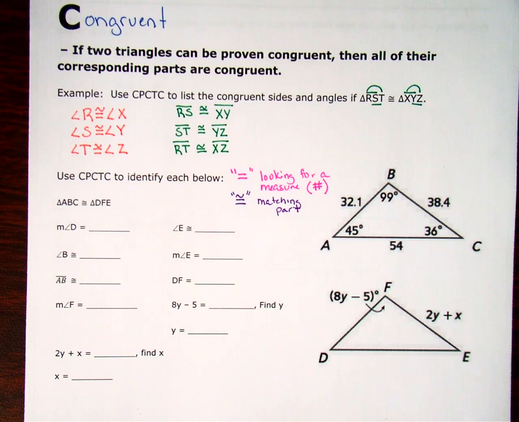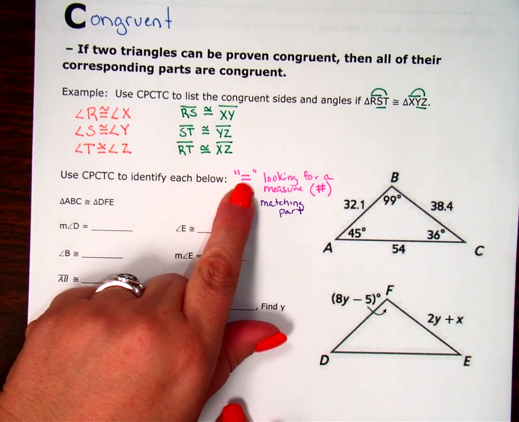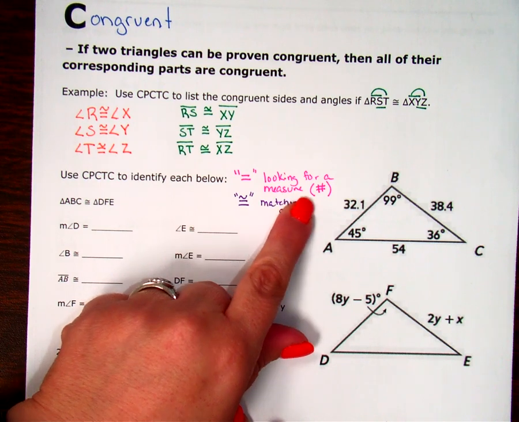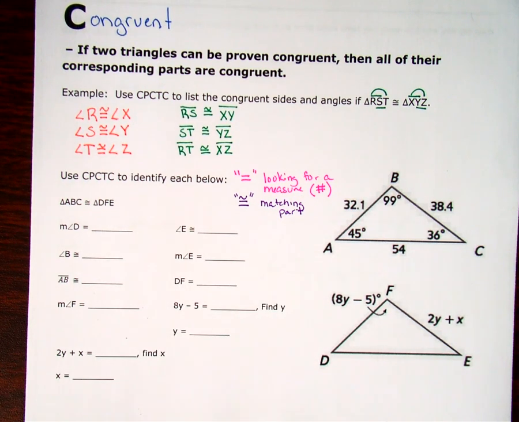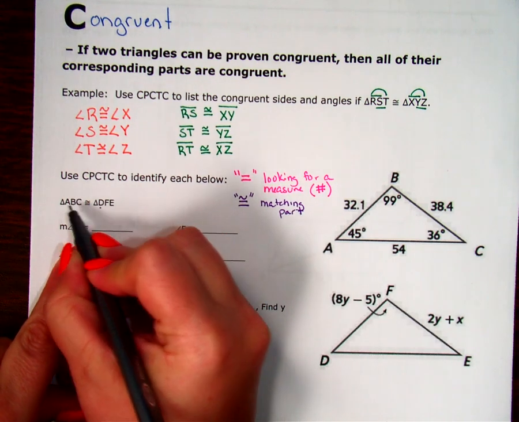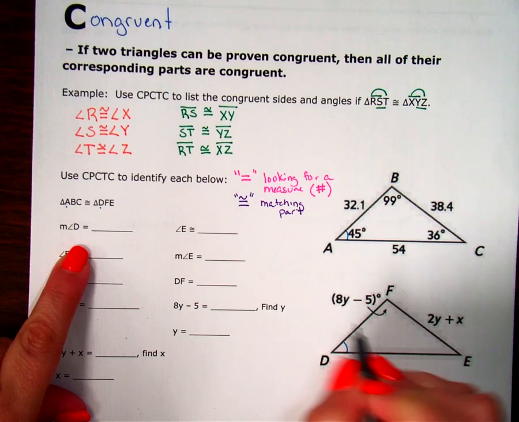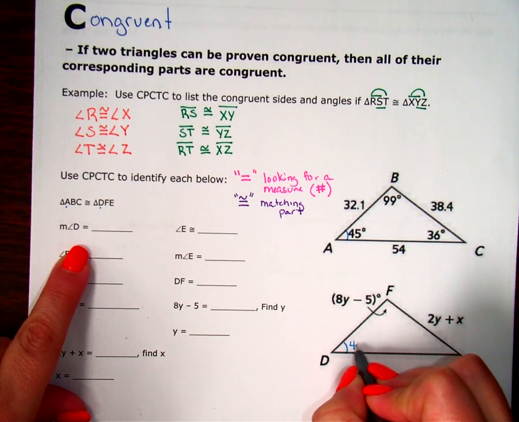Okay? So when we look, here I see the measure of angle D equals. So equals means I'm looking for a measurement, a number. The measure of angle D equals, well, D matches with A. And A is 45, so that means D is also 45 degrees.